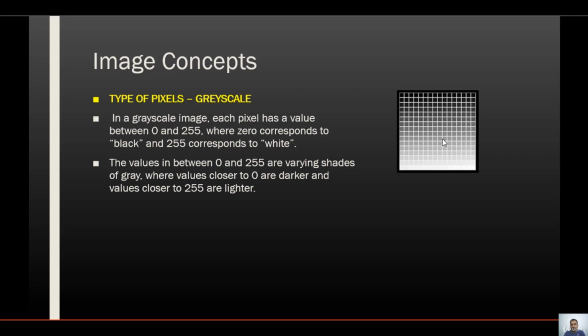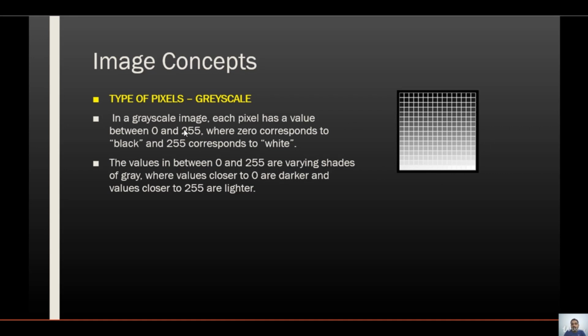So a grayscale pixel can take values from 0 to 255. When it's 0, it will be a black pixel, and when it's 255, it will be a white pixel. In between 0 and 255, maybe 150 or 120, there will be a shade of gray, and going towards the top, if it's 200, then the gray will be a bit lighter, but there will not be any color, only white and black.